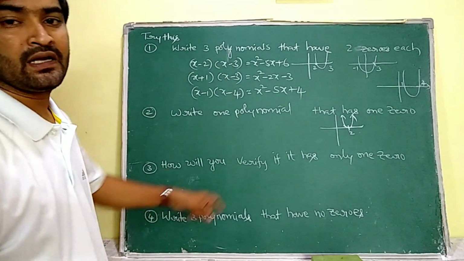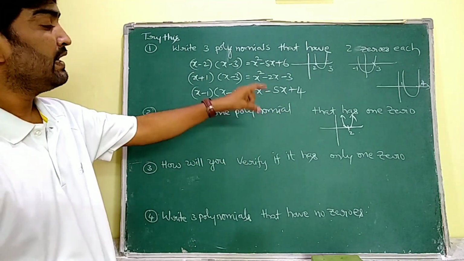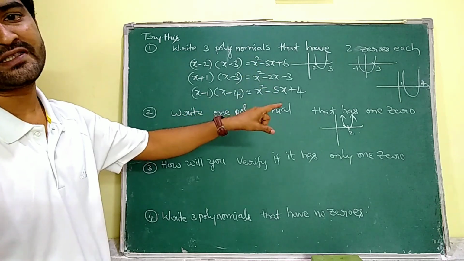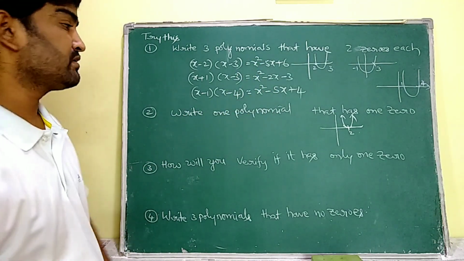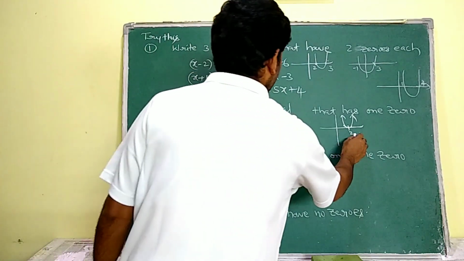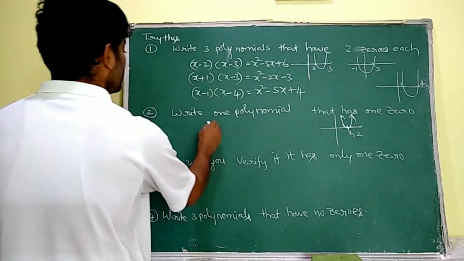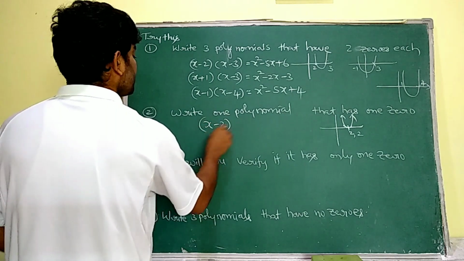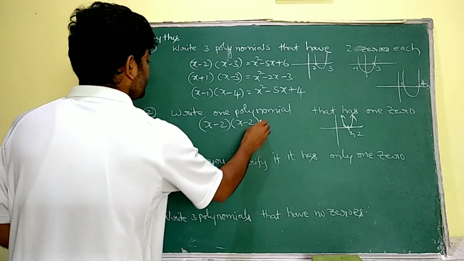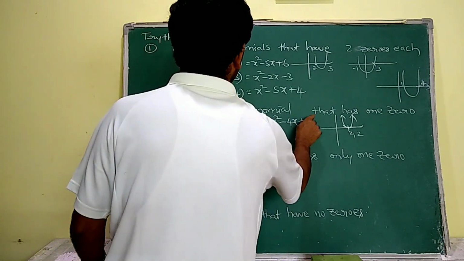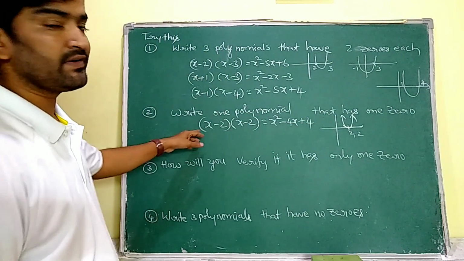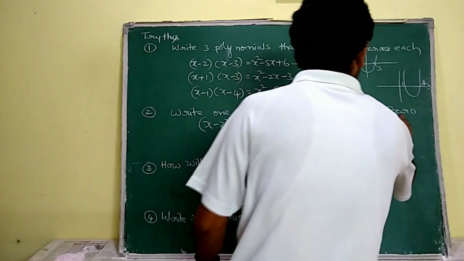That means we already said if a parabola touches the x-axis at one point, it has two equal zeros. That means here you have to write 2 twice. The required polynomial is x minus 2 into x minus 2, equal to x square minus 4x plus 4. In this way you have to write the required polynomial.